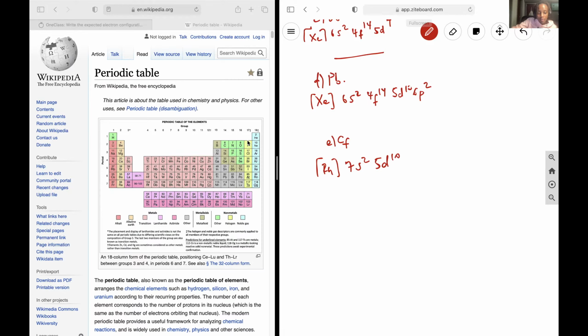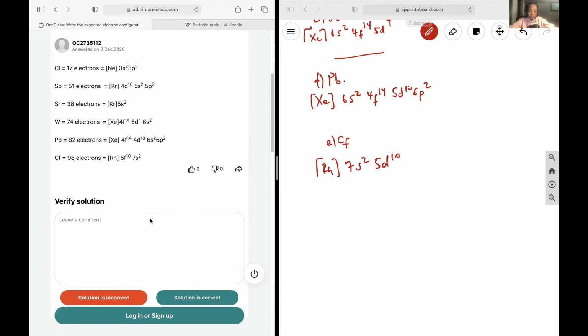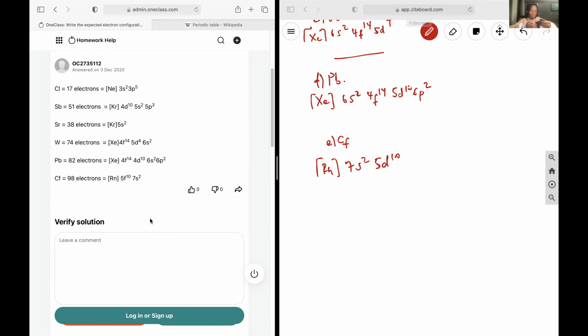And that's going to be our final answer. And that's it for this question. 5f, sorry. The labels can get a bit confusing if you are rushing, so just be careful. But it's f, 10.